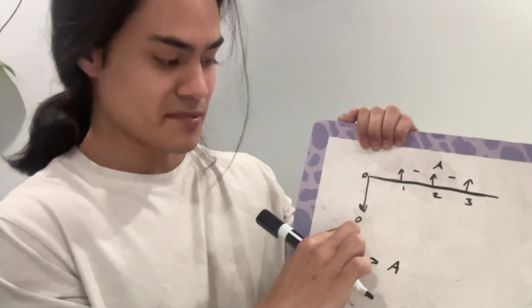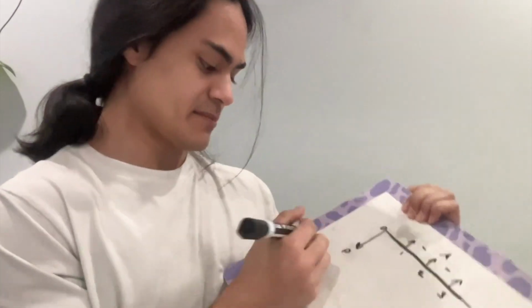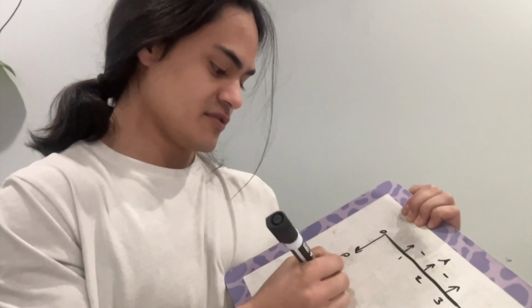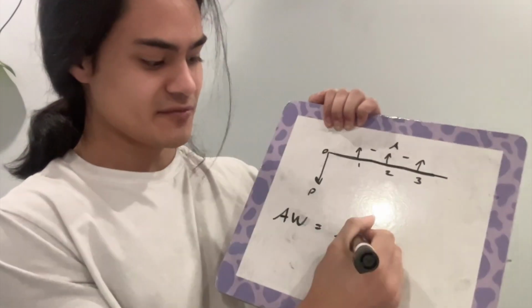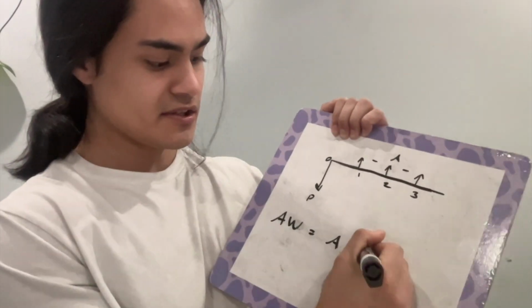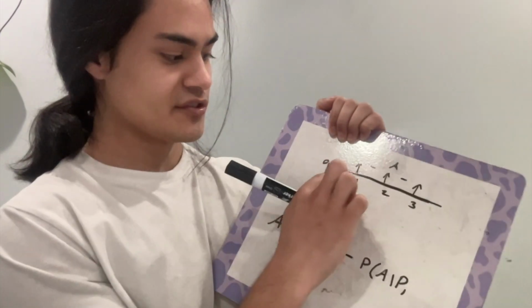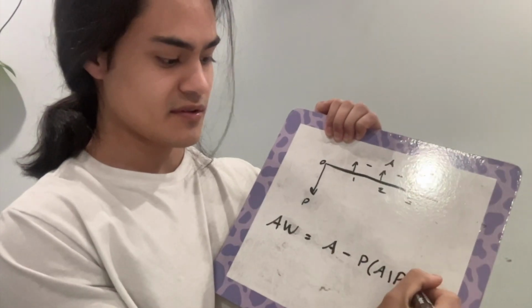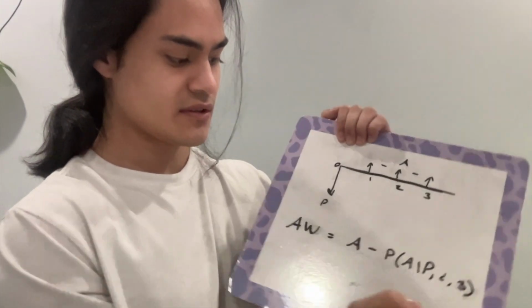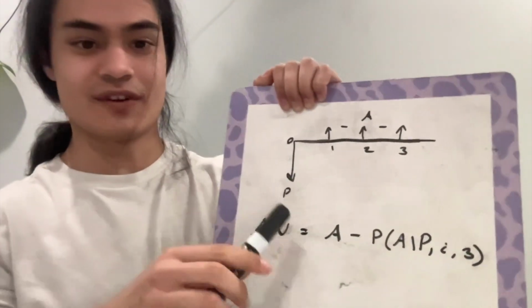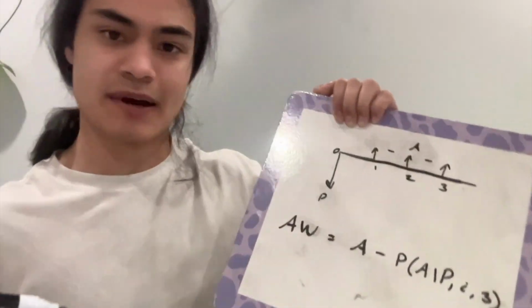You just have to convert this P to an A. So AW equals whatever that A is, and then since the P is going downwards, it's minus P times A given P, distributed over 1, 2, 3, so whatever the interest is and 3. That's the function that converts this P to an A. Then you add them together to see if it's positive or negative.